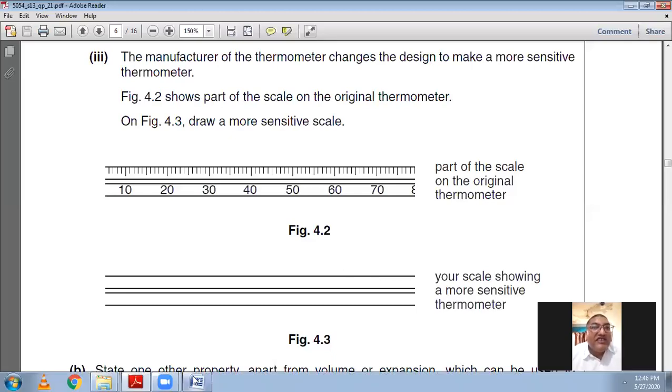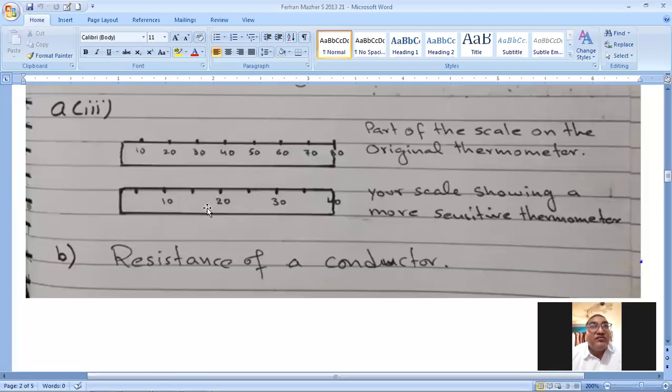I have done this on a paper. Let me show you. I hope you can see that. So here is the original one. So here was 10, 20, 30, 40, 50, 60, 70, 80. So I have 10, 20, 30, 40.